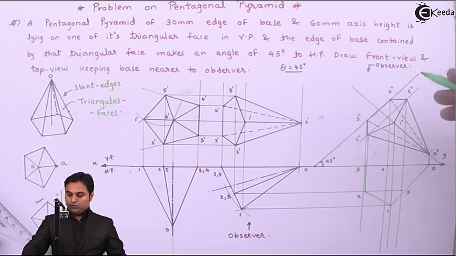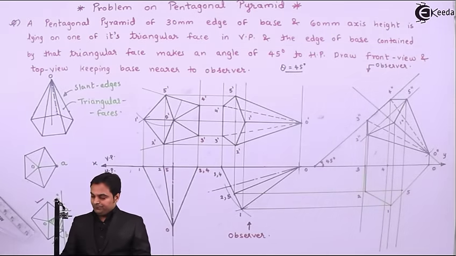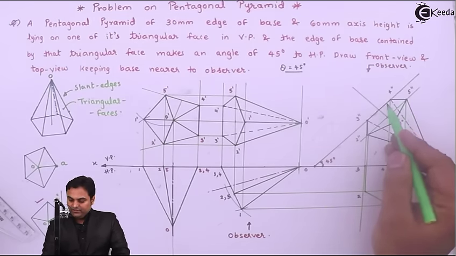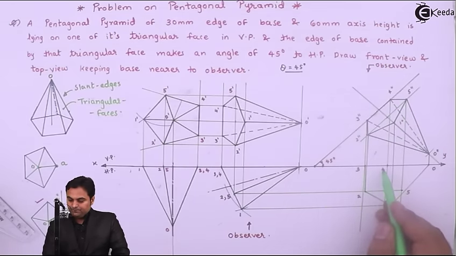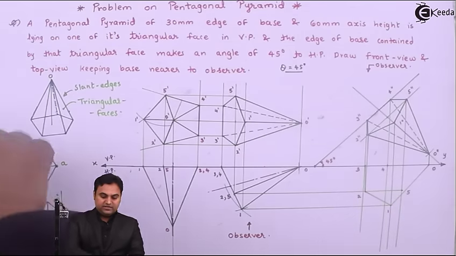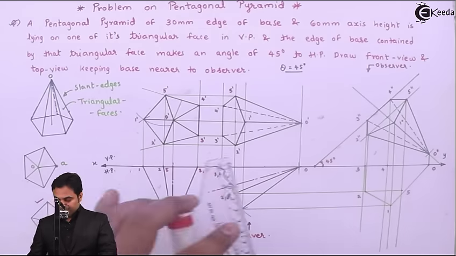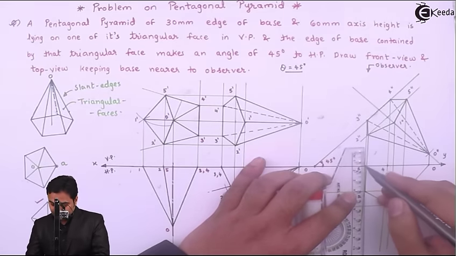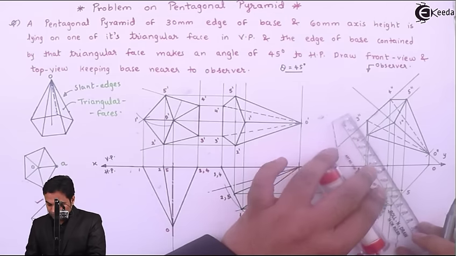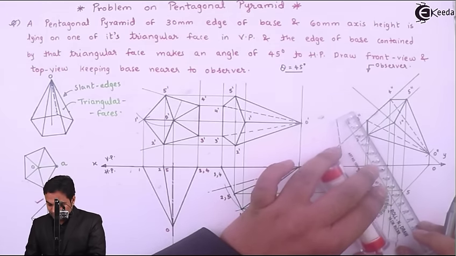Now when the observer is at the top, this edge 4 to 5 is visible, then the edge 3 to 4 is also visible. In other words, since the base is closer to the observer, all the points of the base are clearly visible. So I'll make them dark. 2 to 3, 3 to 4 is already on XY line.